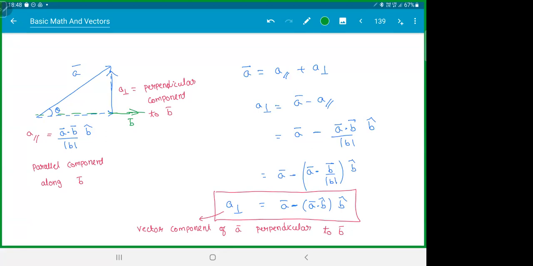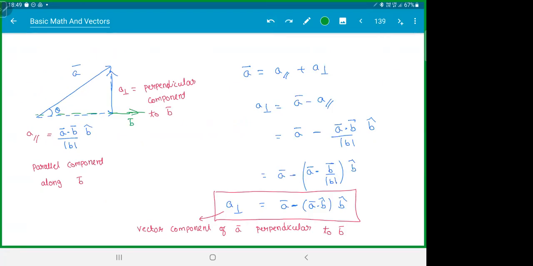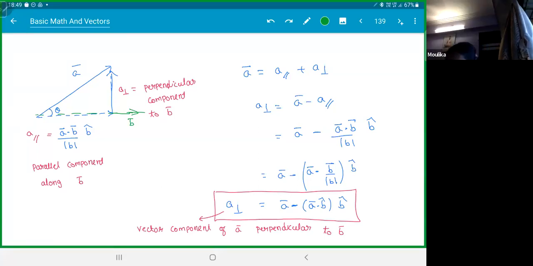That is what we defined here. If you remember, what is this? The projection, the shadow of A bar along B bar. If you use the word along B bar, what does it mean? You are in the direction of B bar, isn't it? Yes, sir. So the way we defined the projection is only a component along B bar. So it is parallel to B bar. Okay, sir. Right? Have a look at this, people.